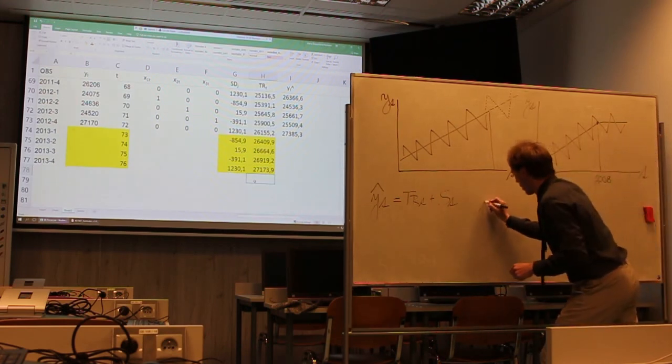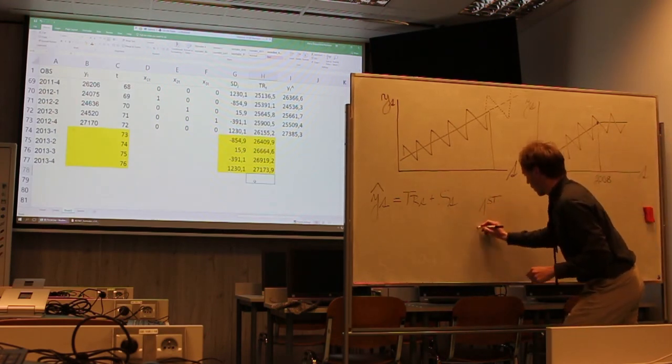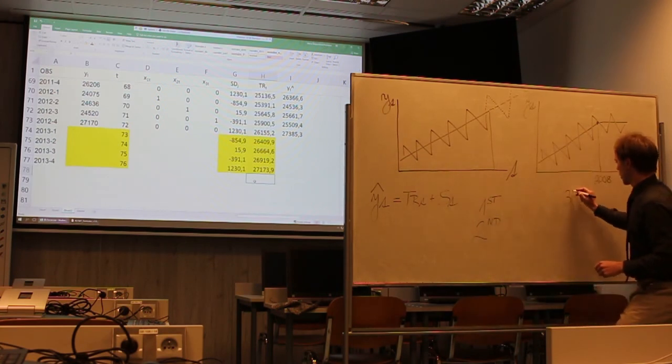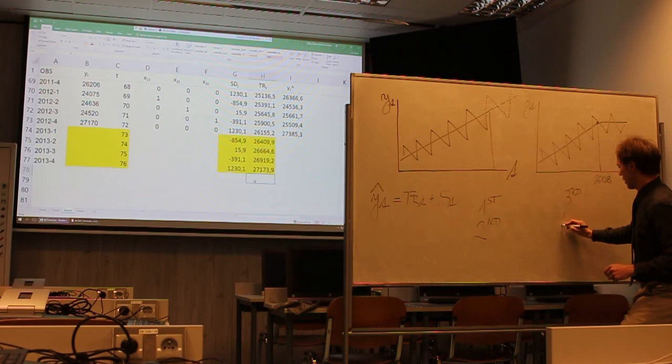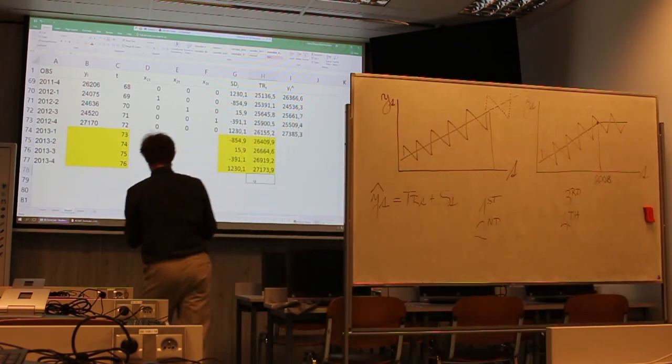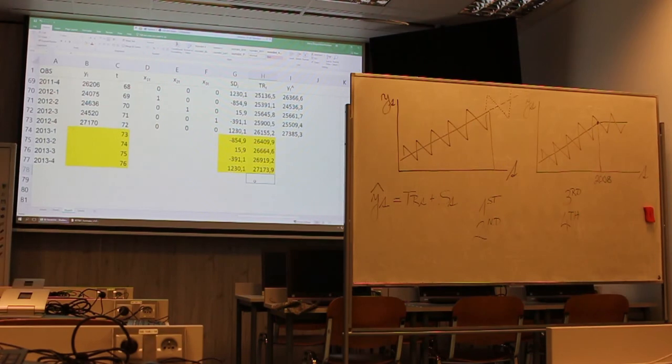So first quarter, second quarter, third quarter, and fourth quarter will be calculated here. There is an equal sign, trend plus seasonality, and we have here the forecast for year 2013.